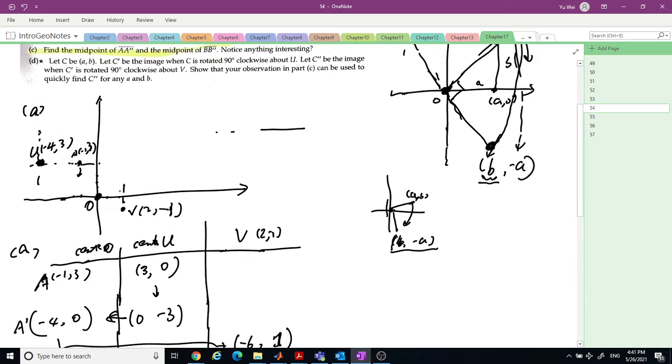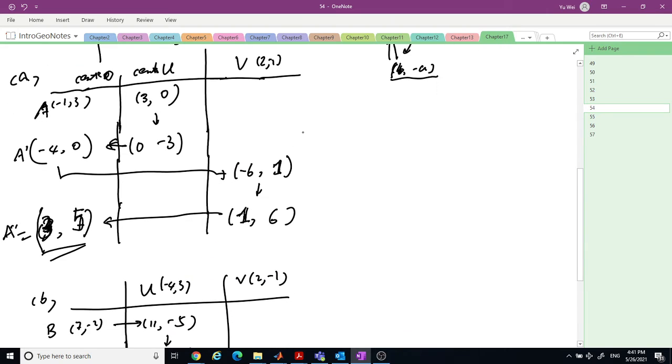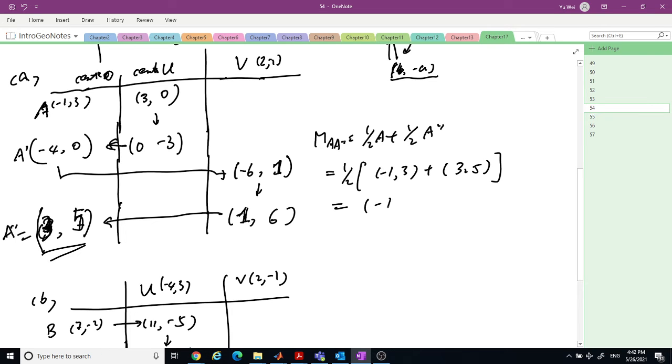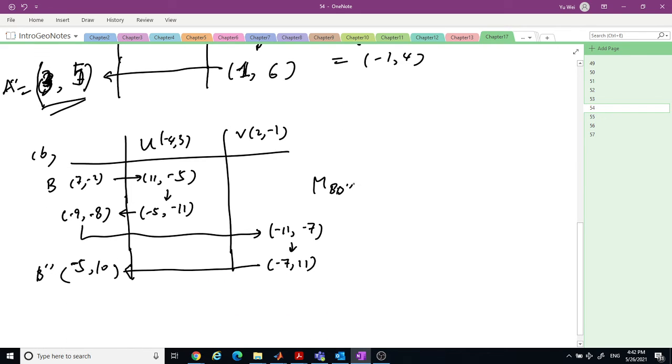Okay, so part C is asking to find the midpoint of A and A prime prime. The midpoint will be half of A plus half of A prime prime, which is half of (-1, 3) plus (3, 5). So that gives (1, 4). Let's see the midpoint of B and B prime prime: half of B plus half of B prime prime is half of (7, -2) plus (-5, 10).